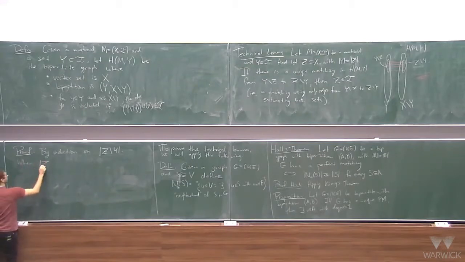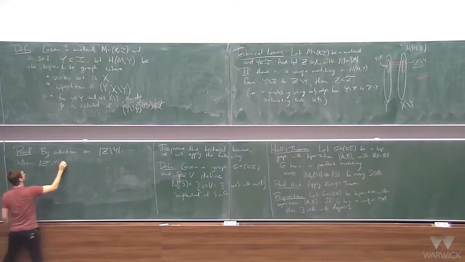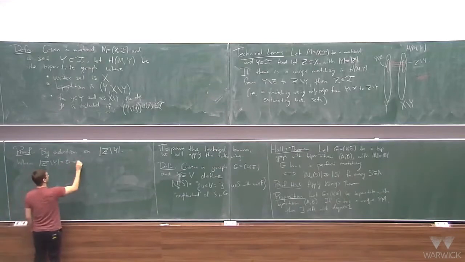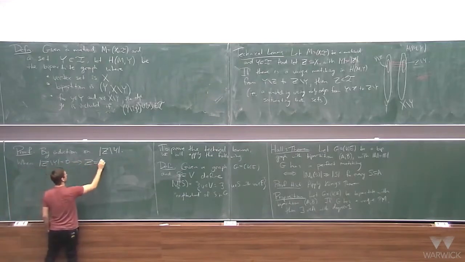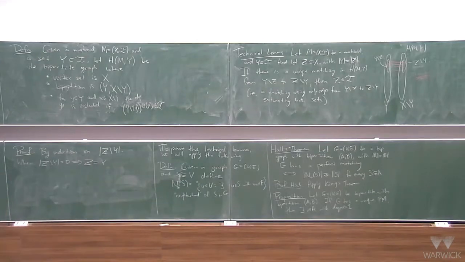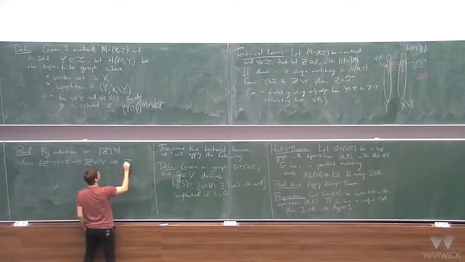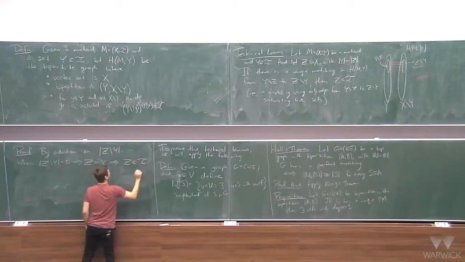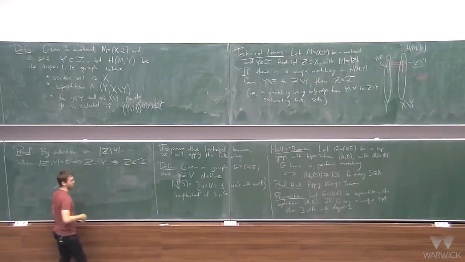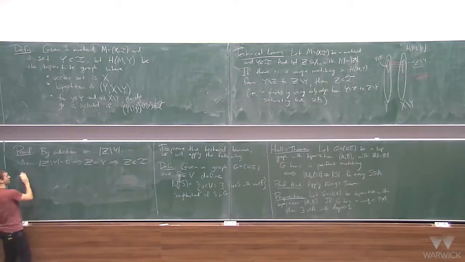When this is 0, that implies Z is equal to Y because Z and Y have the same size. If this is empty, then they just have to be the same set. And because Y is independent, we get that Z is independent. Right? So that sorts out the base case.